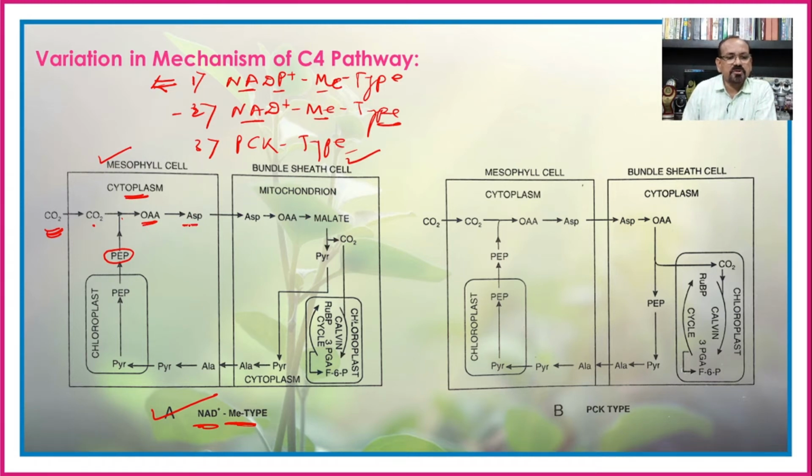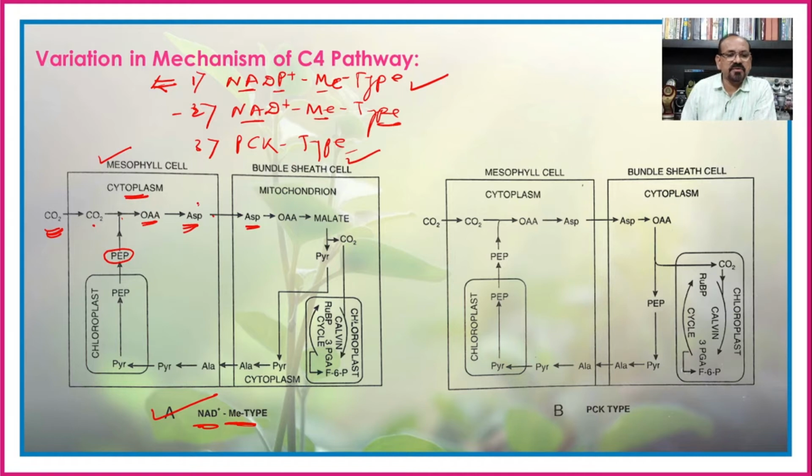But here oxaloacetic acid forms aspartic acid, and aspartic acid is transported to the mitochondria. This is different from the NADP-ME type, because in the earlier case we have seen the oxaloacetic acid equilibrates with aspartic acid and malic acid, and the malic acid later is transported to the bundle cell.